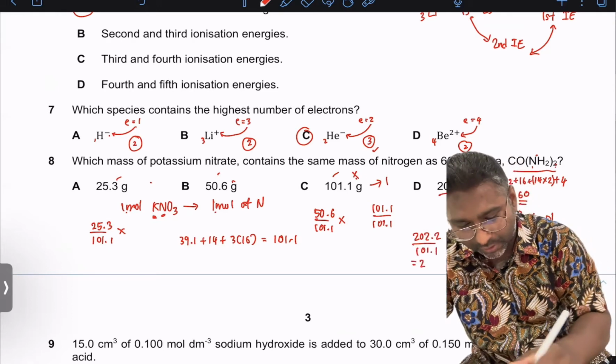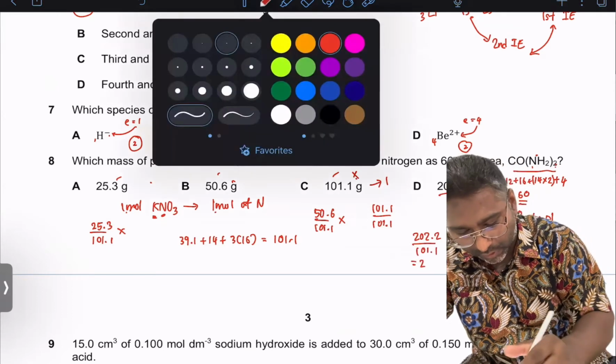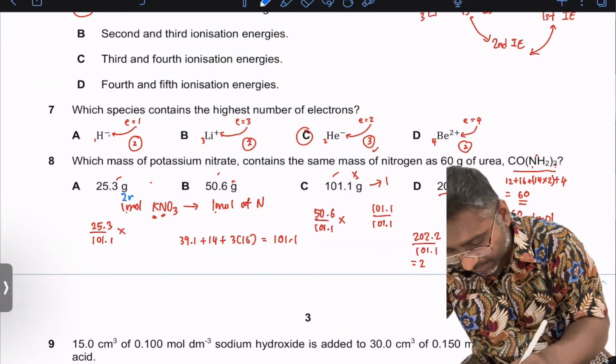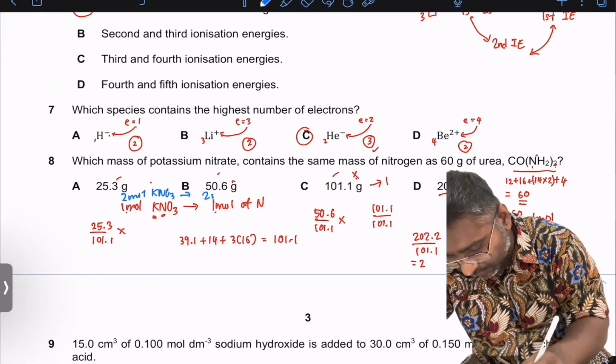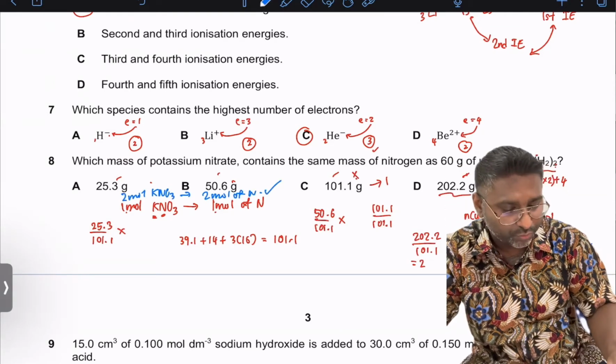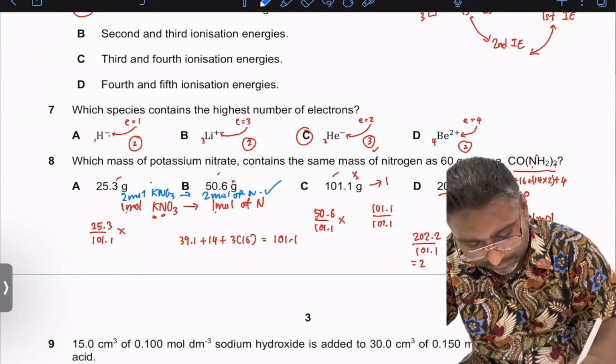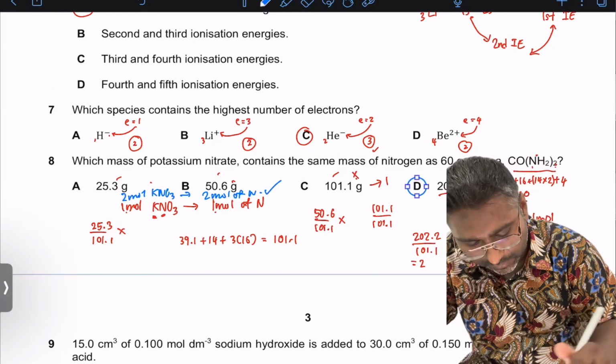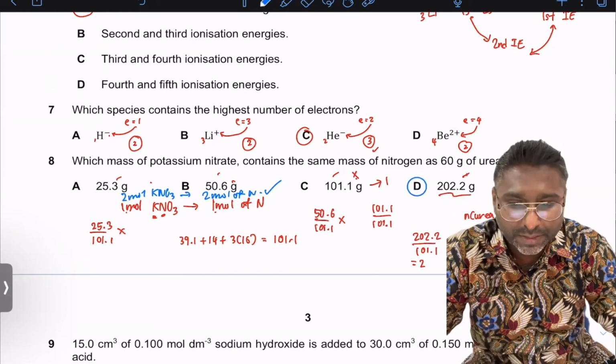So you will get 2 moles of KNO3, which is going to give you 2 moles of N, the same as here. So the answer is going to be D. That's the answer for this.